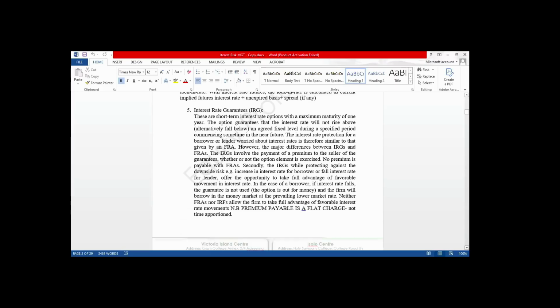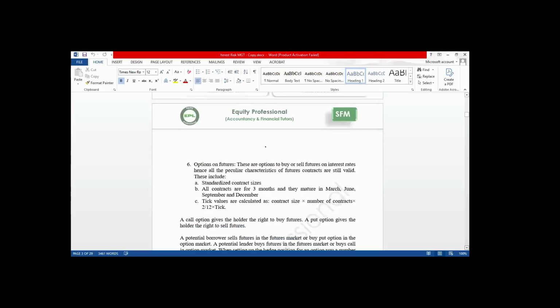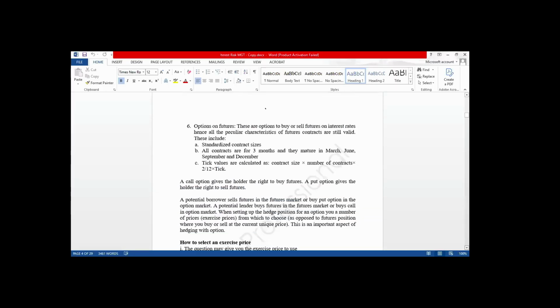We equally explained options on interest rate futures. These are options to buy or sell futures on interest rates. Hence, all the peculiarities of interest rate futures are still valid under options on interest rate futures. What are these peculiarities?